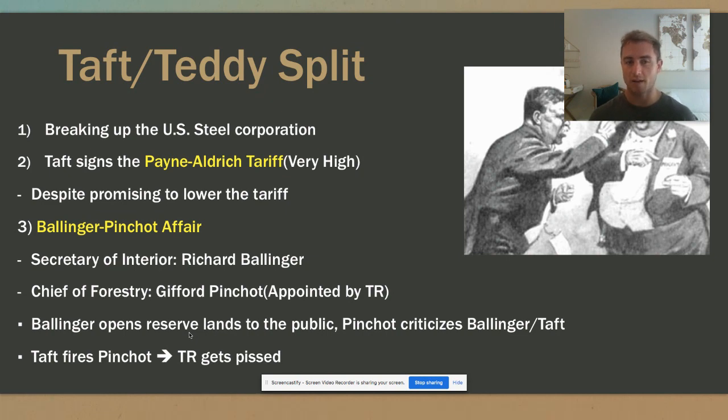Taft is going to break up the U.S. Steel Corporation, which was another J.P. Morgan corporation which Teddy Roosevelt had personally blessed and endorsed. And so this is obviously going to create embarrassment for Teddy and a rift there. Taft then is going to sign the Payne-Aldrich tariff, which was very high, after he had promised to lower the tariff.